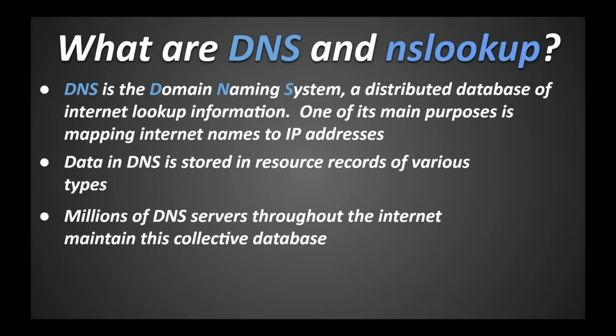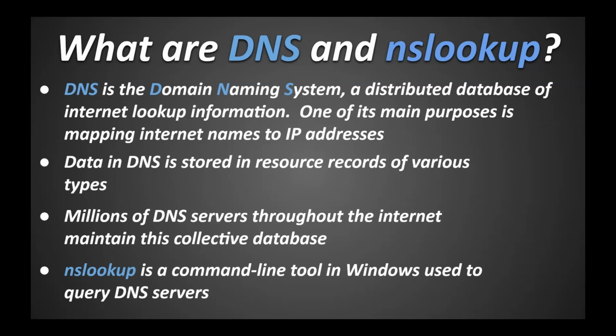And really what we're going to do is write a little tool in Python to ask questions to particular DNS servers that we decide on. And then what is NSlookup? NSlookup is a command line tool in Windows used to query DNS servers. Basically, it's a command prompt thing, which is the command line, a text-based interface in Windows where you type in commands and you get feedback from your system.